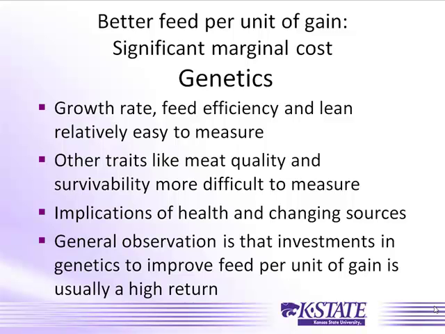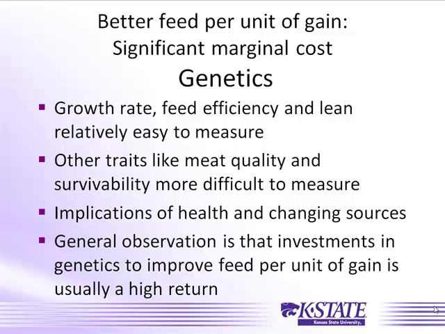Genetics: growth rate, feed efficiency, lean are relatively easy to measure. Other traits, meat quality, survivability, and the impact of survivability on feed efficiency, are kind of difficult to quantify. Health: the implications of changing health of sources and the big impact that has on feed efficiency.